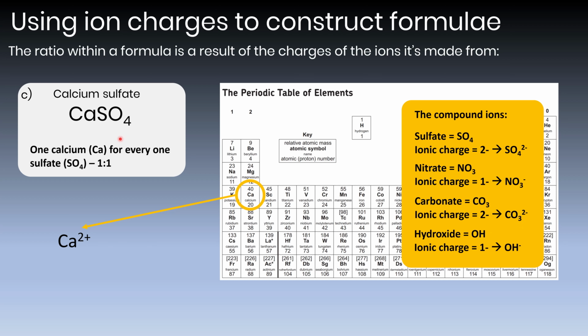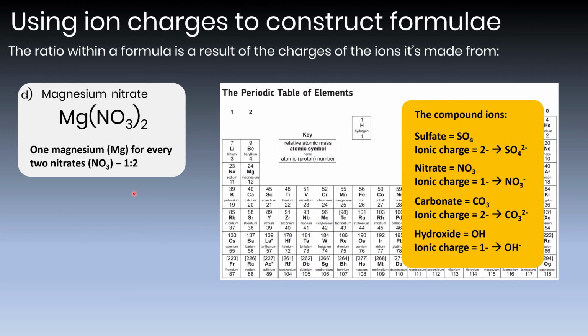So the other ion in calcium sulfate is SO4 2-. We can see here we've got 2 pluses and 2 minuses, so these two can be paired together in a 1-to-1 ratio, CaSO4. That's 1 calcium for every 1 sulfate, where sulfate is SO4.